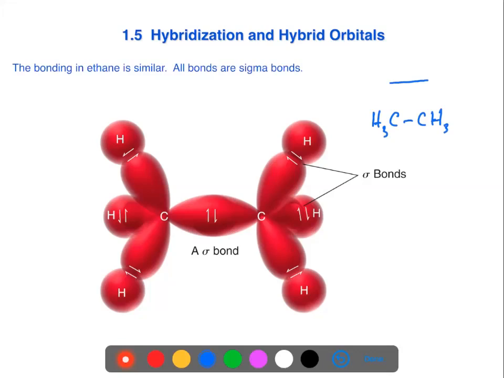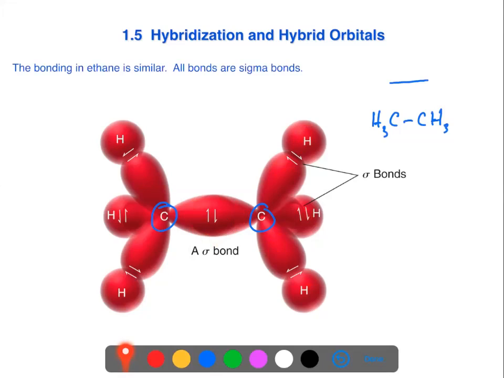So if we look at the hybridized picture, again, we still have carbon in an sp3 hybridized state. So both of these carbons are sp3 hybridized, and as a result, we're going to have 4 sp3 hybrid orbitals for each carbon. The only difference between methane and ethane is that 3 of these sp3 hybrids are forming sigma bonds with the 1s orbitals of hydrogen, and the remaining sp3 hybrid on each of the carbons forms its own sigma bond through that sp3 orbital overlap.